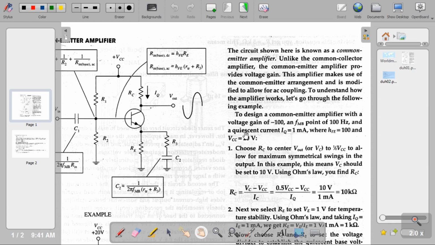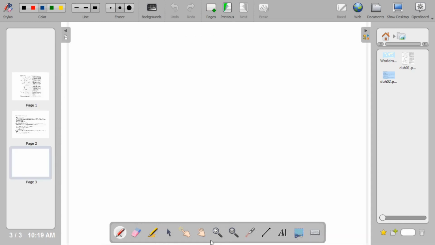So how does he get this value of IQ equal to 1 milliamp? I'm not sure, but usually what you do is look at the characteristic curves of the transistor. Okay, so let's have a look at the characteristic curves. You can get them from the data specs of the transistor you want to work with.